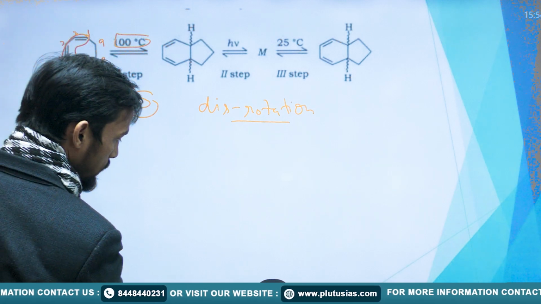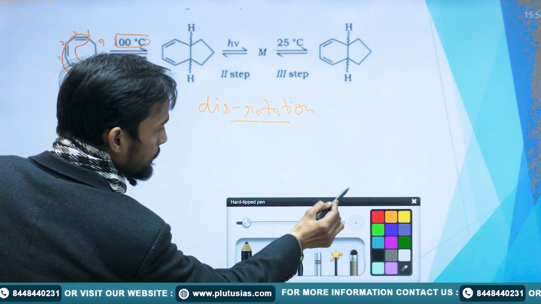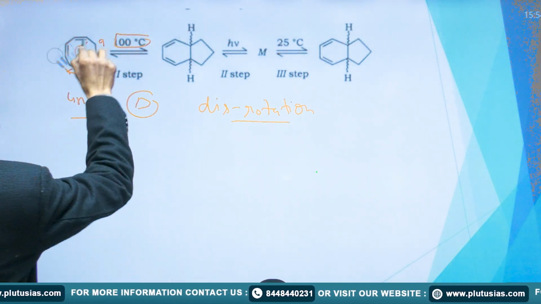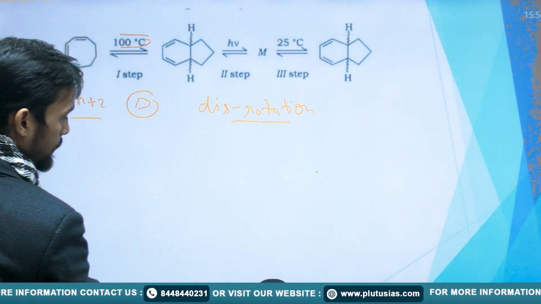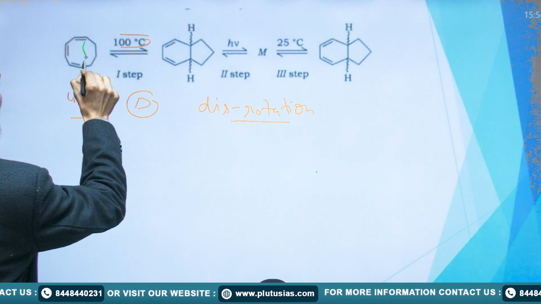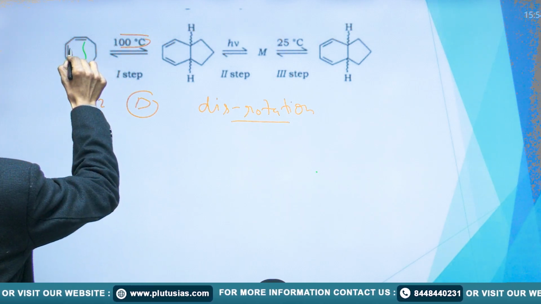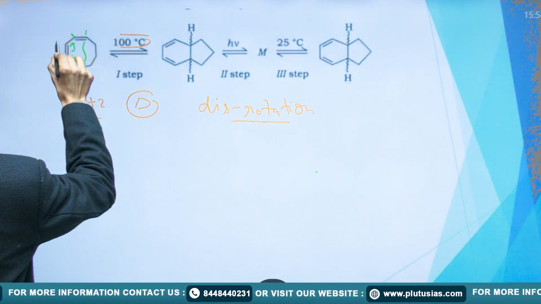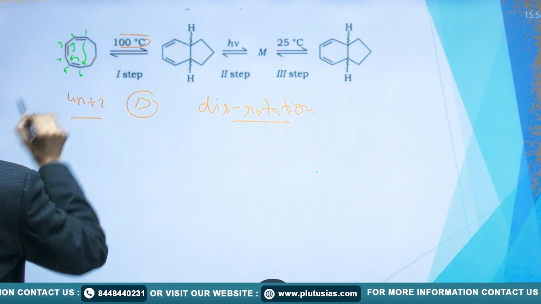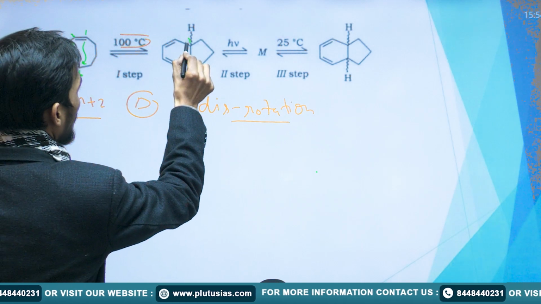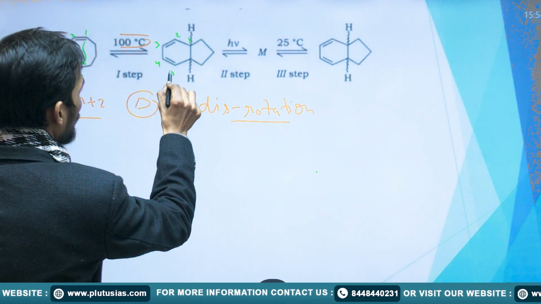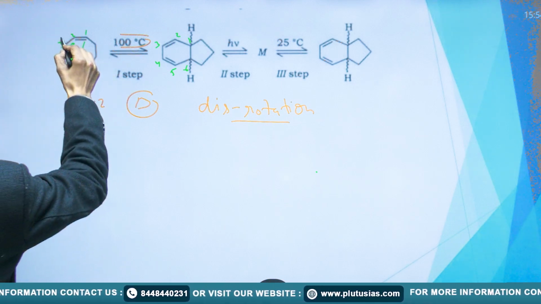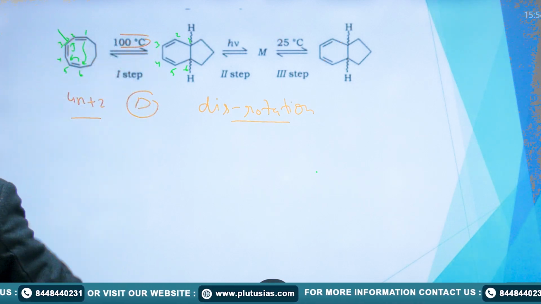This bond will come over here, and it will be like this. So 1, 2, 3, 4, 5, 6. If you number it 1, 2, 3, 4, 5, 6, then the 2,3 bond is coming here, it is quite clear.